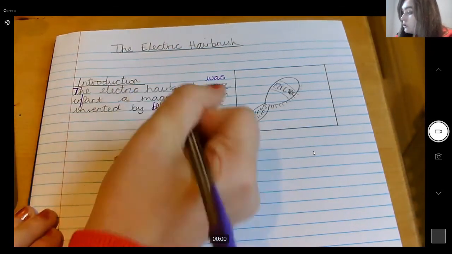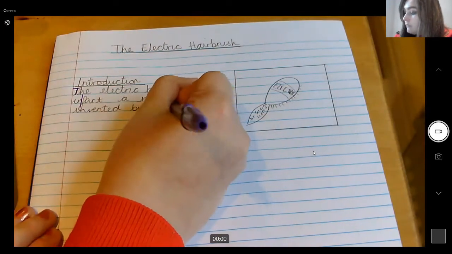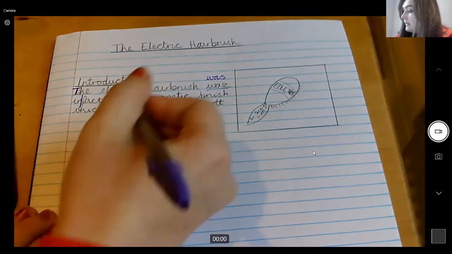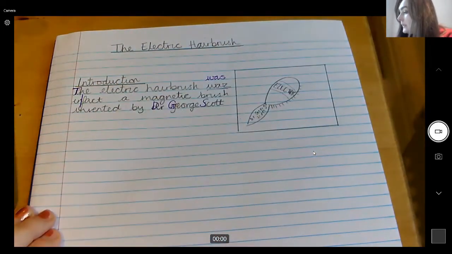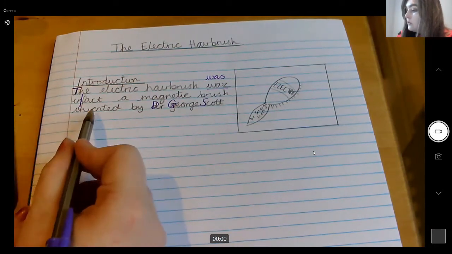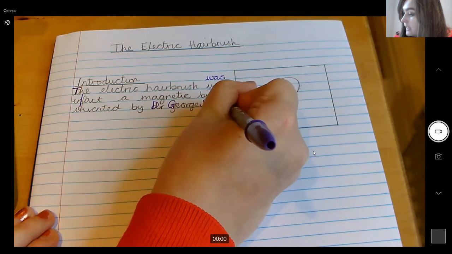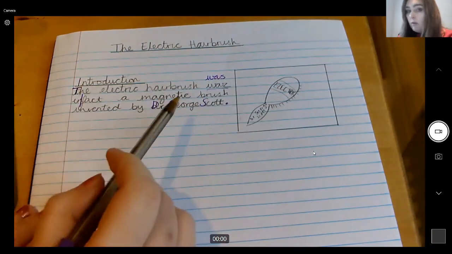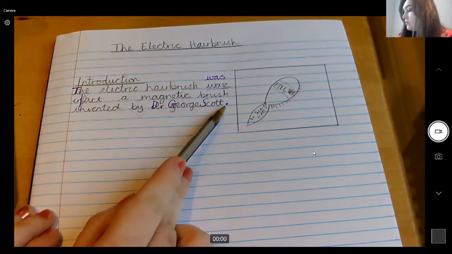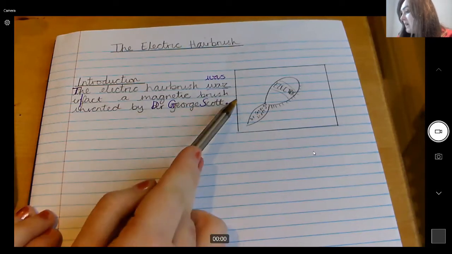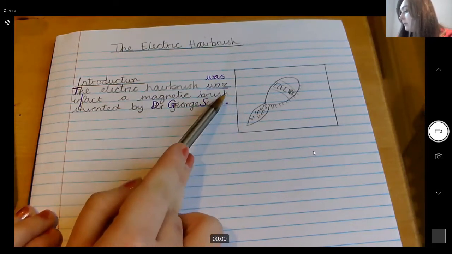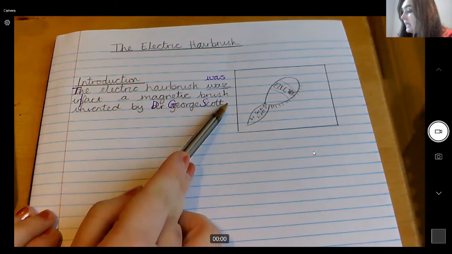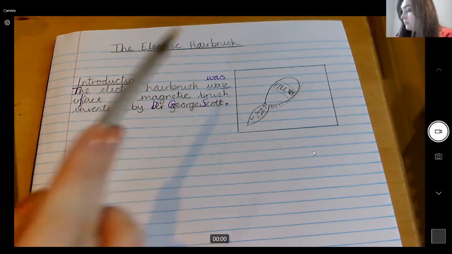So the D for doctor should be a capital. The G for George should be a capital, and the S for Scott should be a capital. Now I'm missing one last thing, and that is my punctuation. So I need to make sure that I have got a full stop at the end of my sentence. Now I want you to have a look at how big my full stop is. I don't want to see massive full stops on your paper. I just need a clear, small dot.